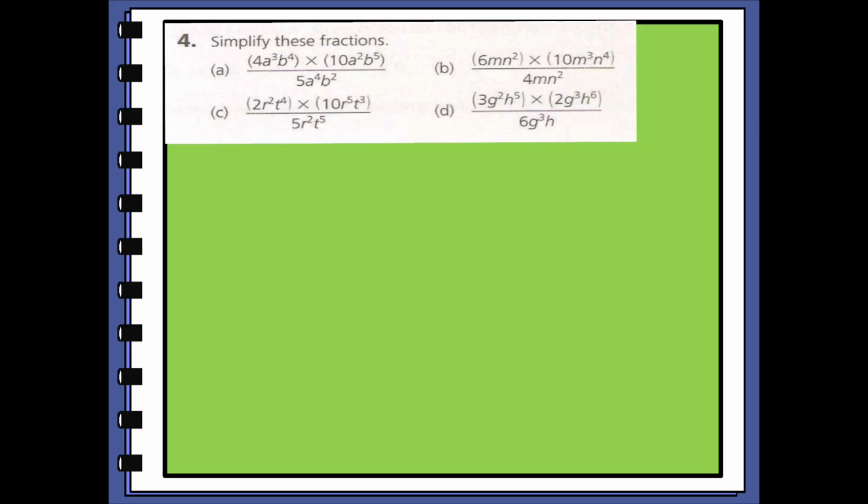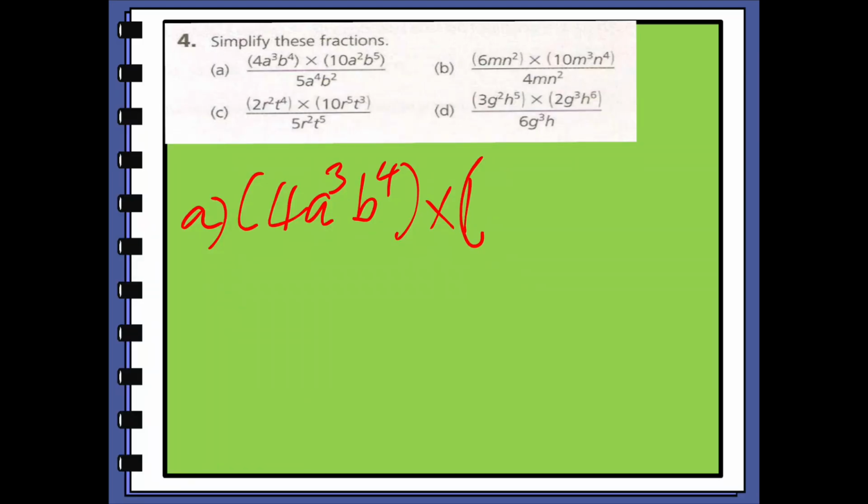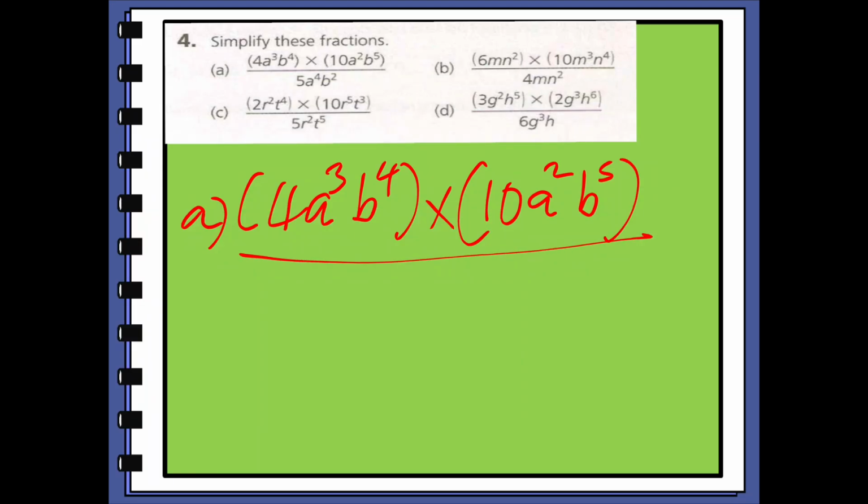Simplify these fractions. So for A, we are saying open bracket 4a cubed b to the power 4 close bracket times open bracket 10a to the power 2 b to the power 5, okay, over 5a to the power 4 and b to the power 2.